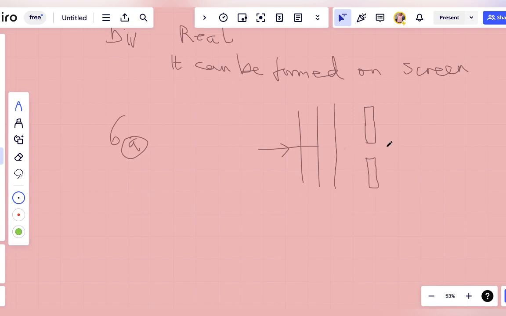When a ray of light gets to this place, what happens?